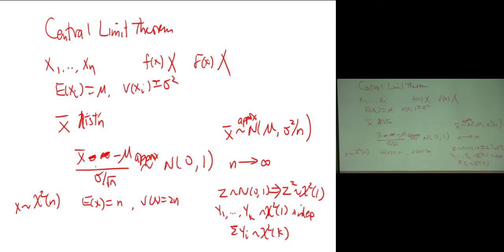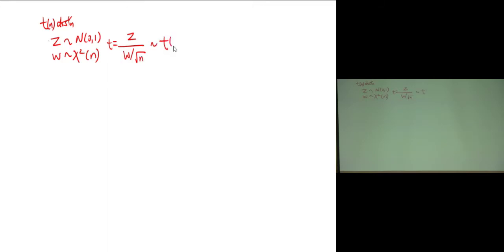And in fact, we need this to illustrate the t distribution with degrees of freedom n. It comes from the idea that if you have a standard normal random variable z, and you also have a w which is chi-square with n degrees of freedom, then z over the square root of w divided by n, let me call it t, will follow something called a t distribution with degrees of freedom n.